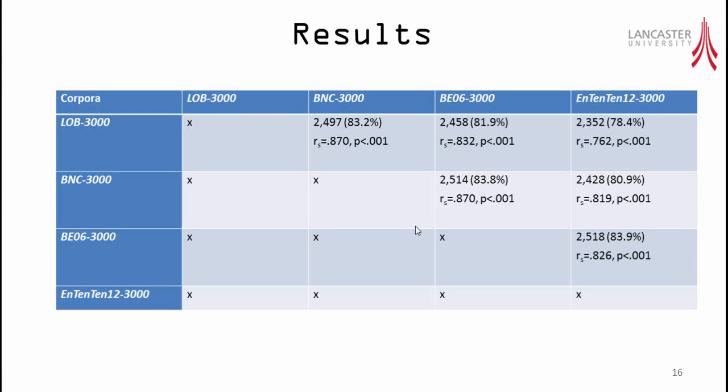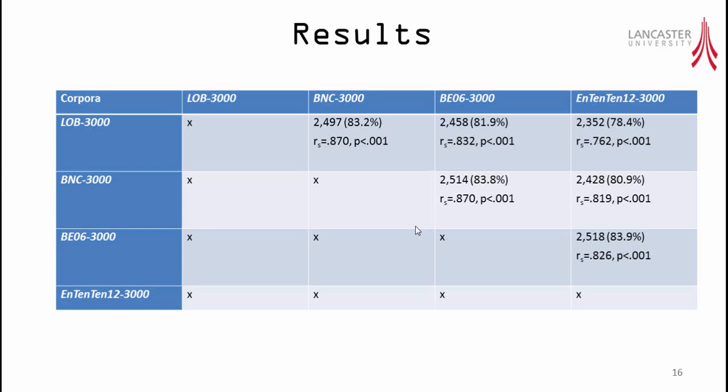So this set of results was very encouraging because they show us that indeed there is something like a common lexical core, regardless of whether you take a small corpus from the 1960s or a very large corpus from 2012.